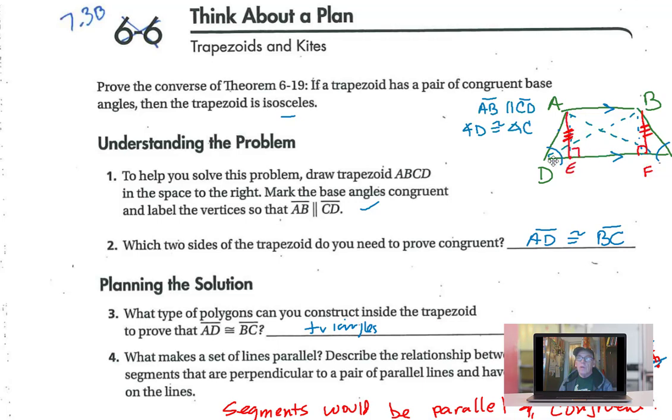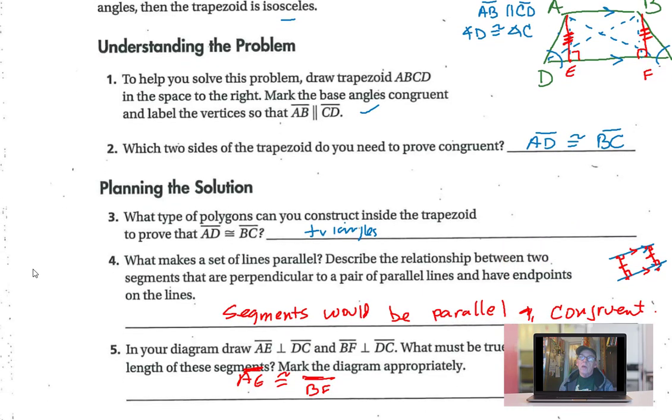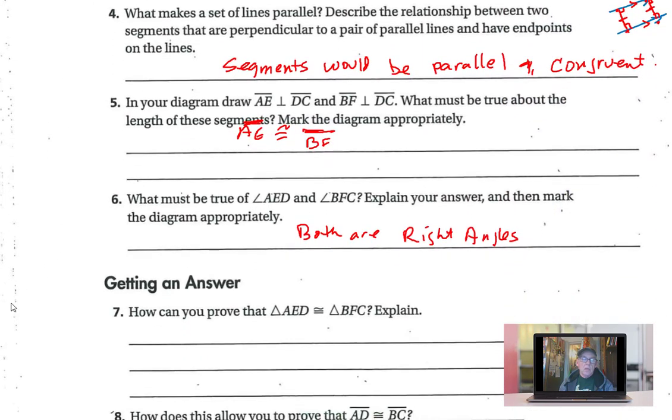So we have angle, starting at the D, angle to the right angle, which is angle, and then to the side. It's C, angle, the right angle, and side. So these two triangles are congruent by angle, angle, side. We could say triangle AED is congruent to triangle BFC by angle, angle, side.